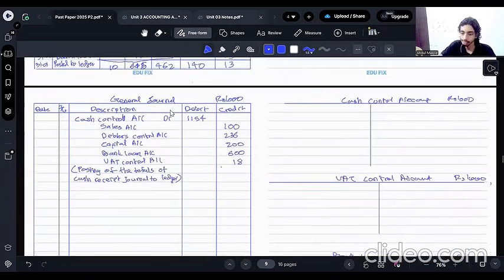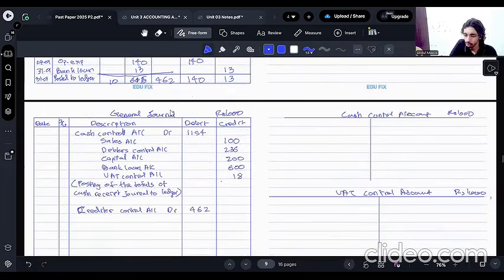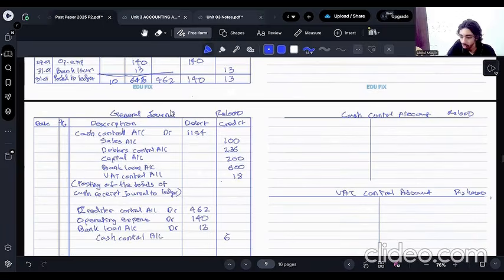So then creditors control account debit 462, operating expense debit 140, and bank loan account will be debit by 13. Totally cash control account will be credited by the total amount 615.